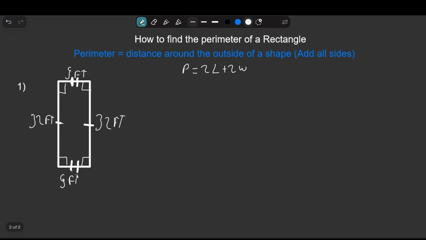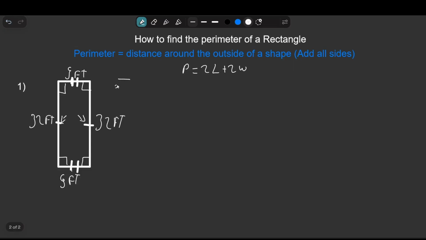9 feet. I also included some tick marks, as you can see right here. This one and this one are both one tick mark, like this. If you see them on different sides and they match up, that means the side length is the same.